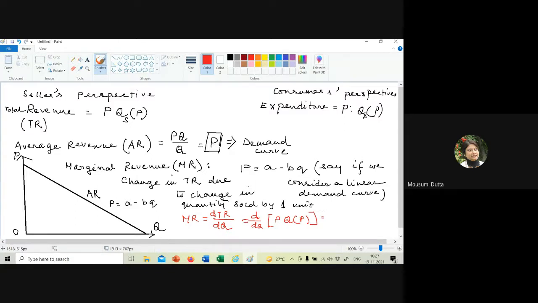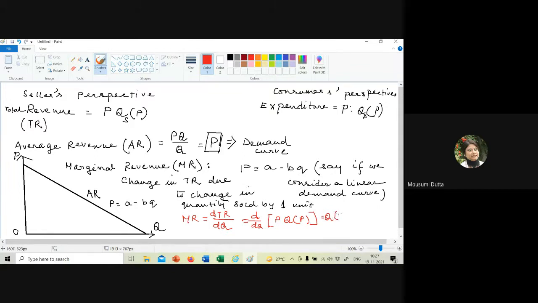Here the derivative is with respect to Q. Remember that. First, Q remaining constant, if I take the derivative with respect to P, what will I write? Q into dP by dQ.